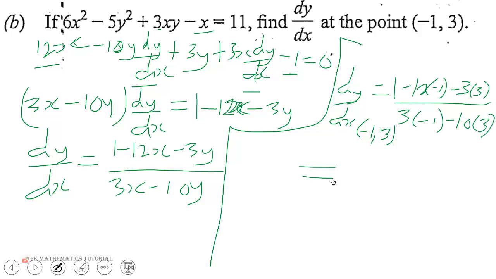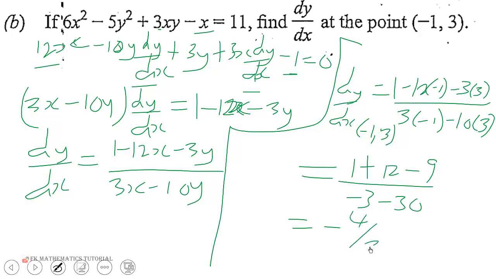So this will be equal to 1 plus 12 minus 9 all over -3 minus 30. So we get -4 all over 33.